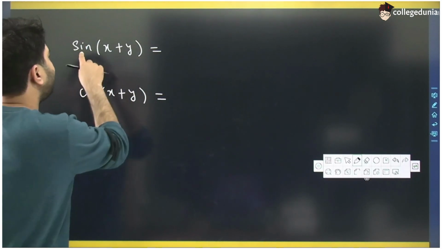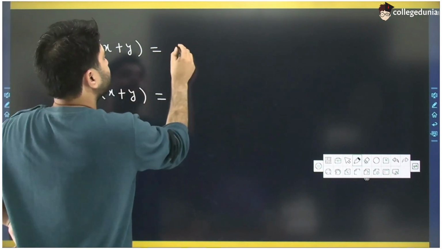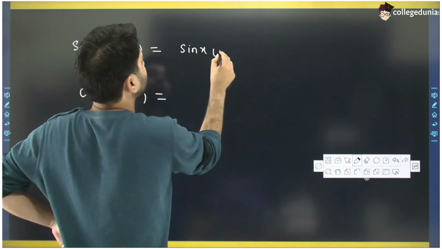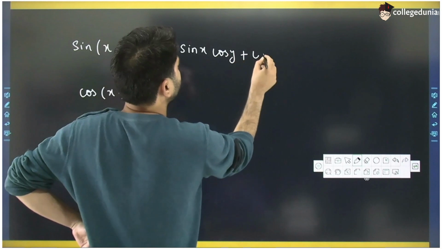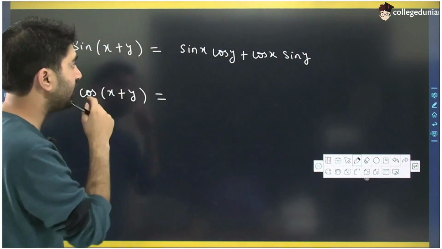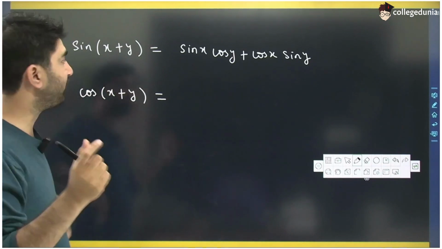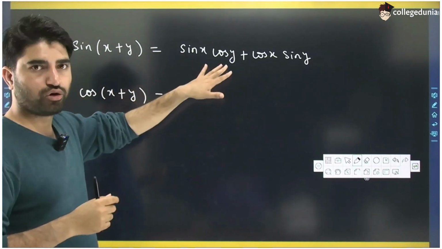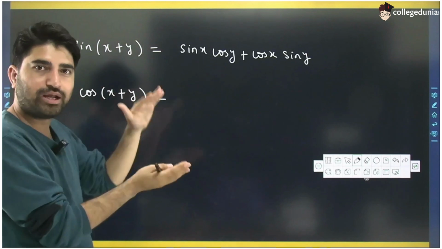Okay, so when we talk about sin x plus y, the formula is sin x cos y plus cos x sin y. If you demand, I can make a separate video on the derivation of sin x plus y. It also has a big derivation.